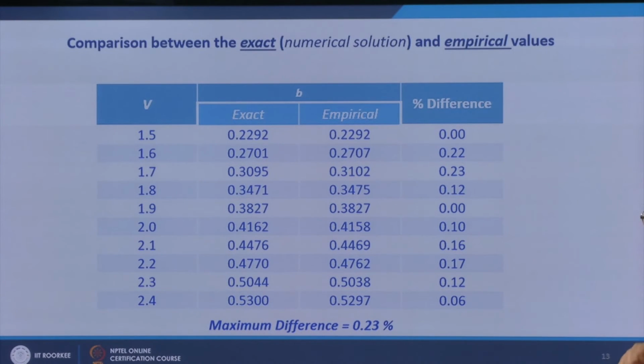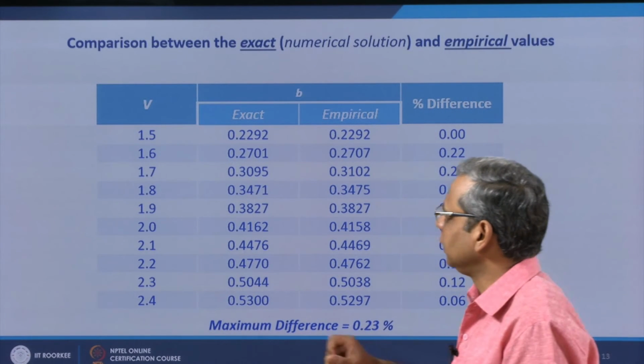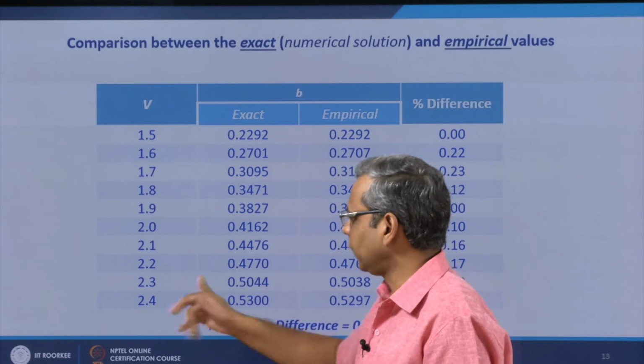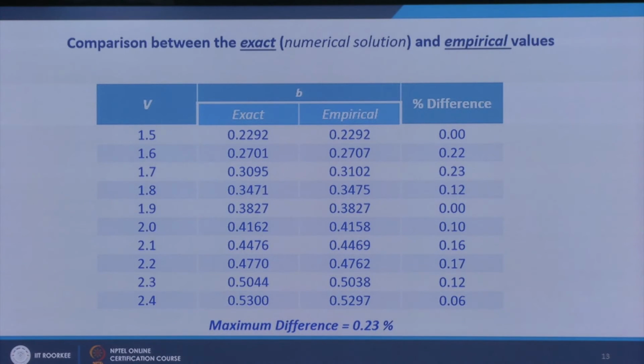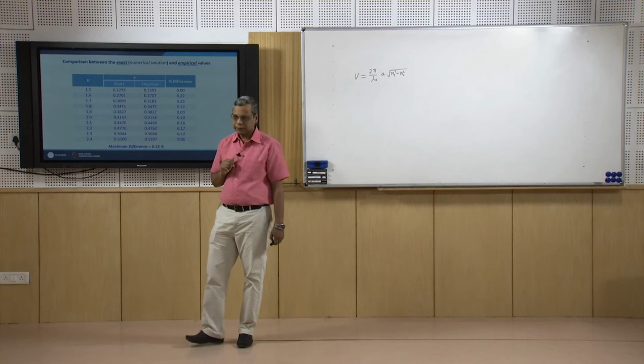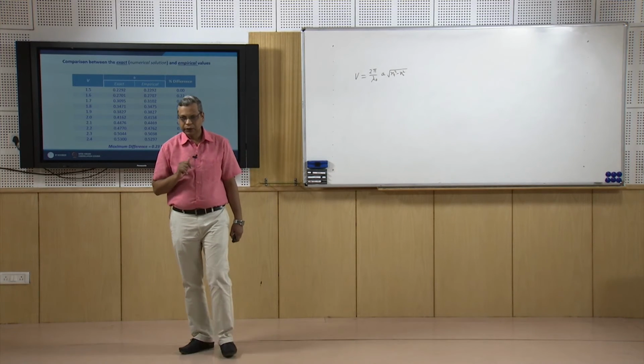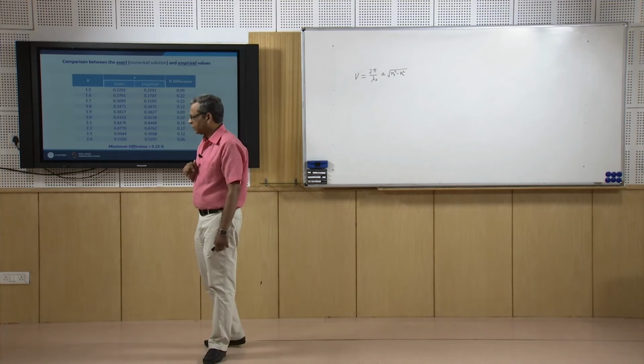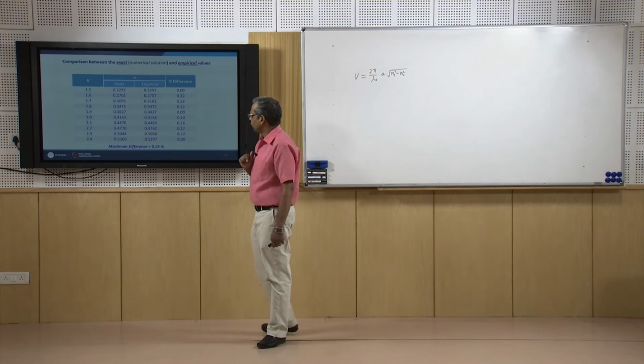I see that the maximum difference is 0.23% in the range of V going from 1.5 to 2.4. So, in this range it is a very good approximation. I can use this empirical relation without any problem.